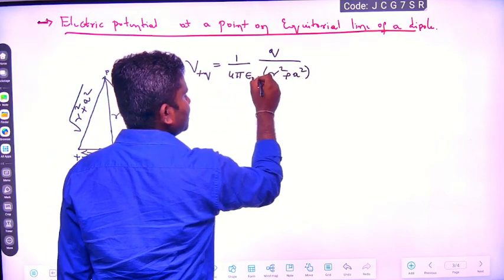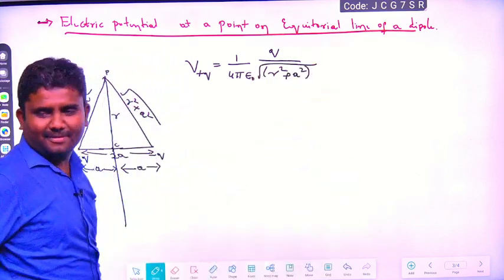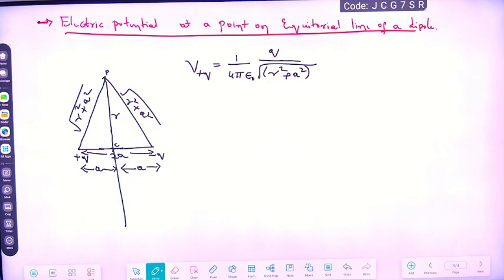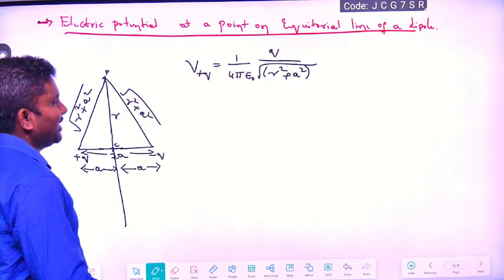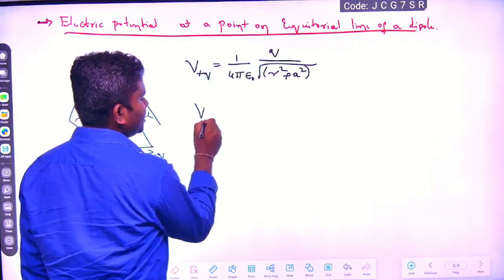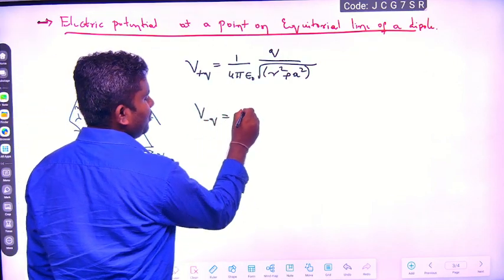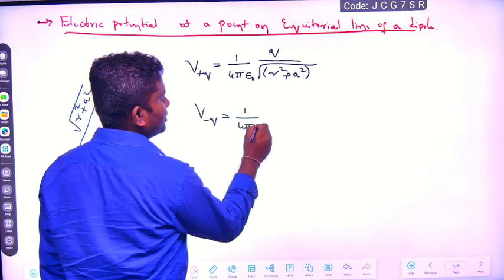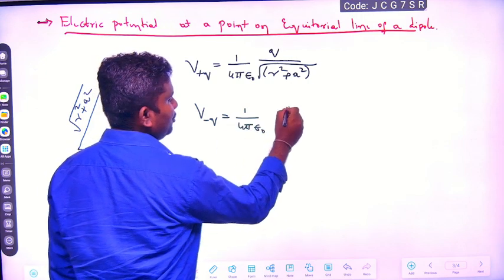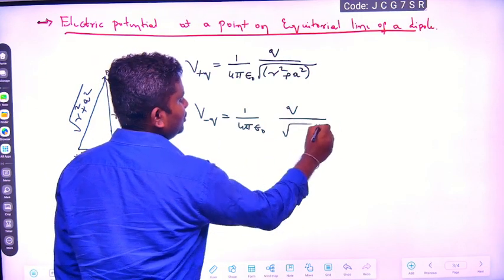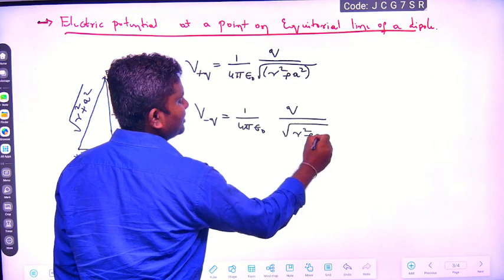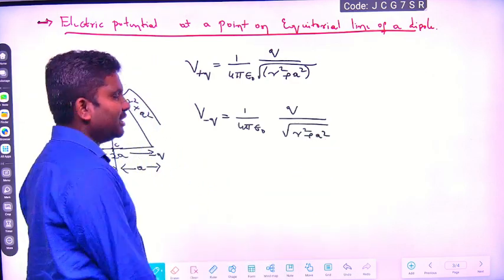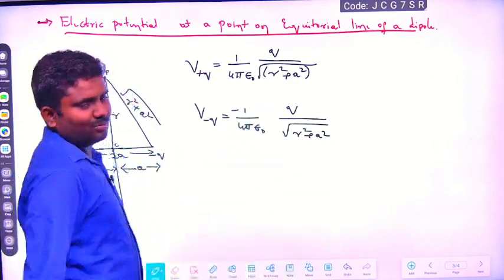Due to the negative charge, the potential is 1 by 4 pi epsilon naught times Q divided by under root r square plus a square, but for the negative charge the potential is negative.